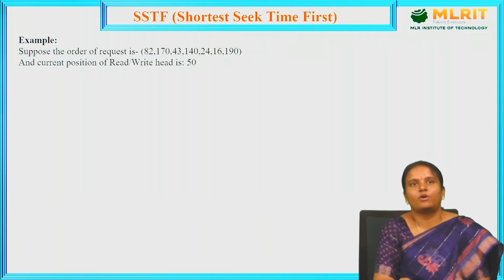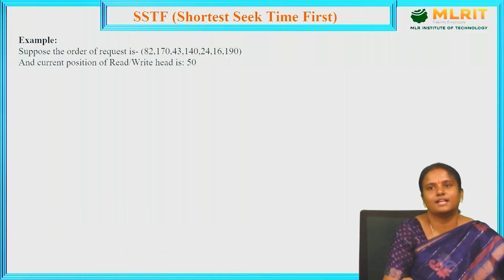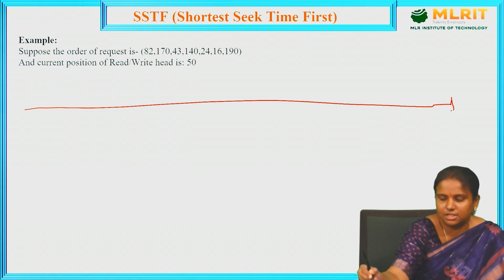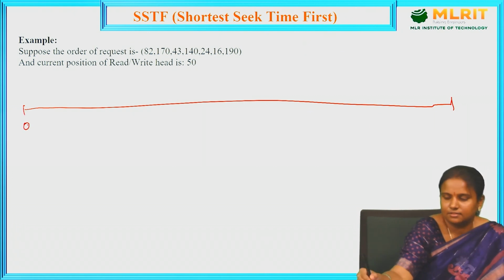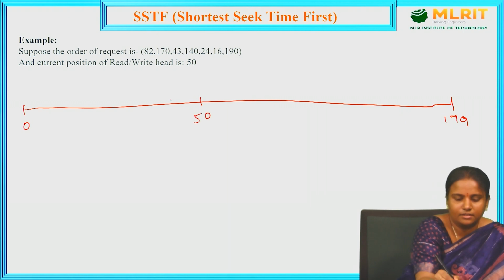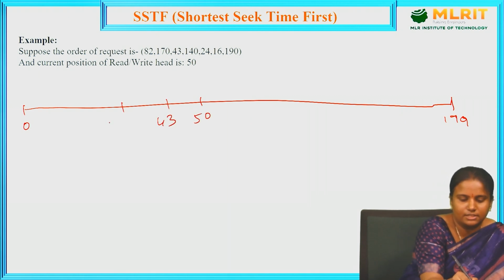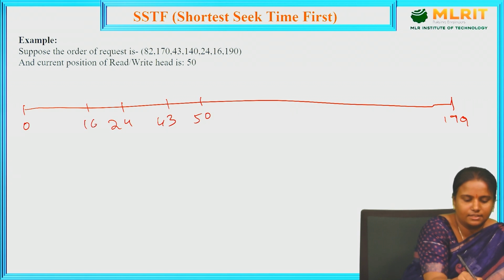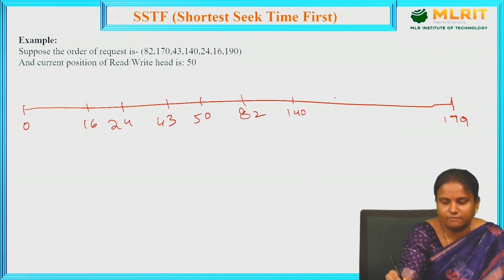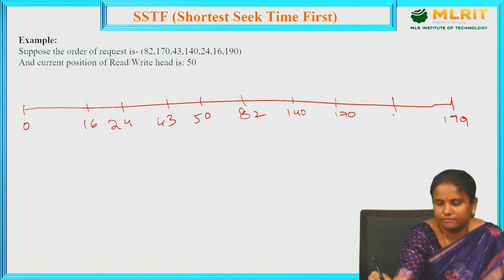So let us start the problem. This is the same as the previous problem, but we are going to solve it with SSTF. Let us take the disk from 0 to 199, and the head is at 50. The requests are 43, 24, 16, 82, 140, 170, then 190.